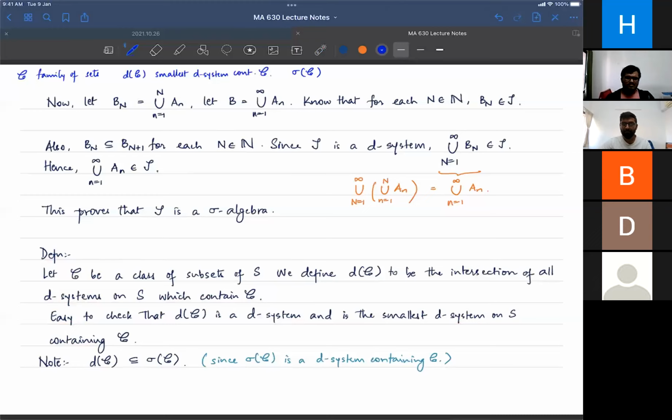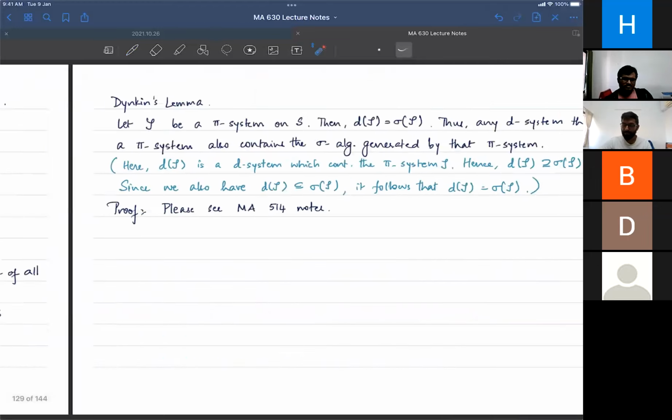So sigma of C is a D system containing C. Well, if this is a D system containing C, then the smallest D system must be contained in sigma of C. That's how I got this, D of C contained in sigma of C. Left-hand side is the smallest D system containing C. The right side is a sigma algebra containing C, and every sigma algebra is a D system, so it is a D system containing C. This is the smallest D system containing C, so this containment must hold. Questions so far?